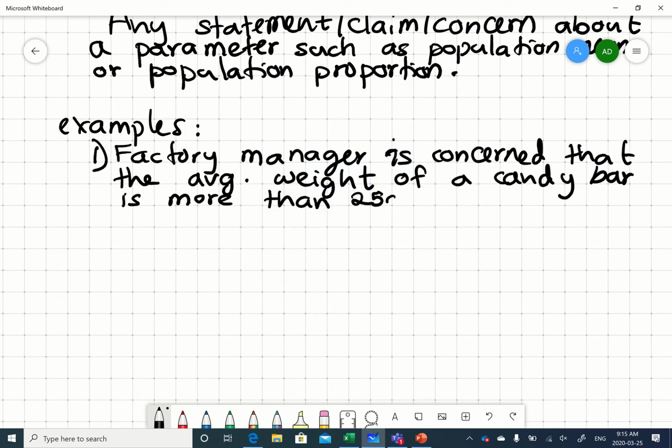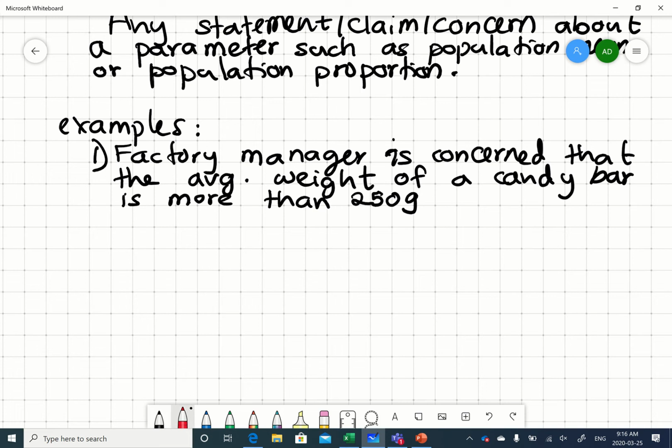The manager is concerned that it's more than that due to some machinery problems, or any problem in the process of making it. He is concerned the final candy bar comes out as more than 250 grams.